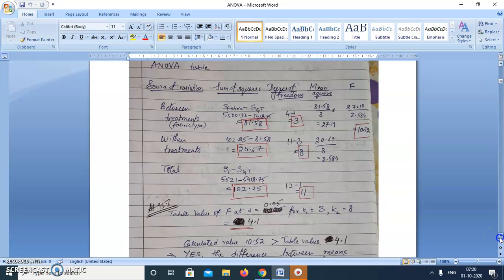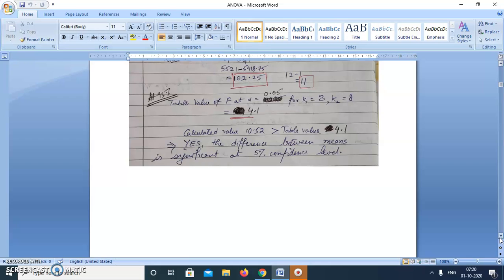For example, in this question, we get the answer yes, there is a significant difference between the means of the 4 fabric samples at 5% confidence level. Now what is the meaning of this yes? There is a significant difference.